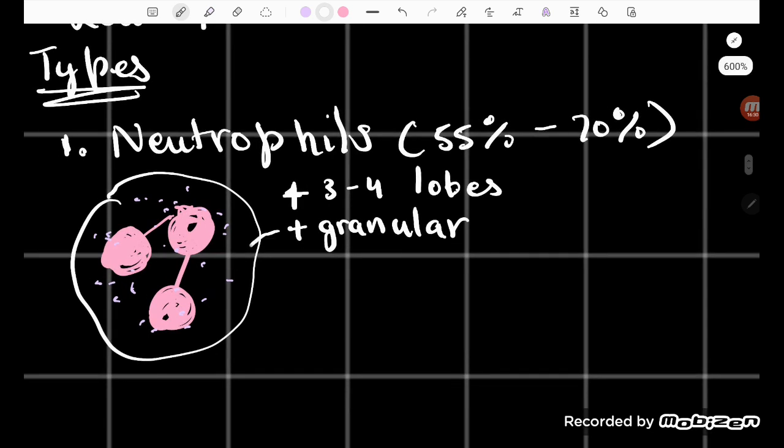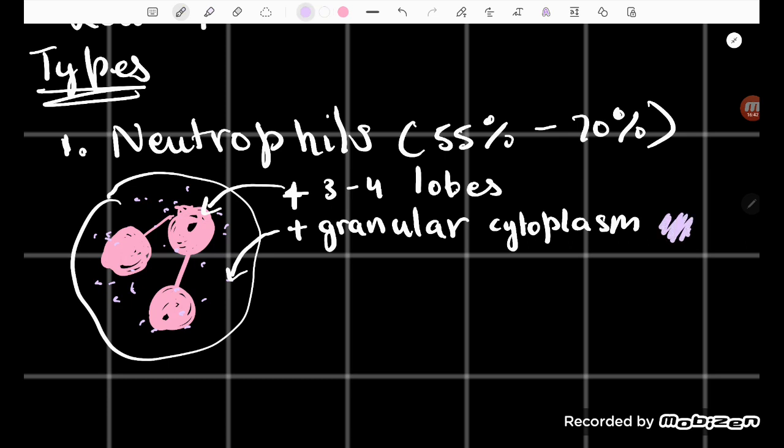So the cytoplasm is granular, and then 3 to 4 lobes. I just mark it that this is the purple shades, and that is the pink shade. Okay, once that is done, the function is to engulf bacteria.